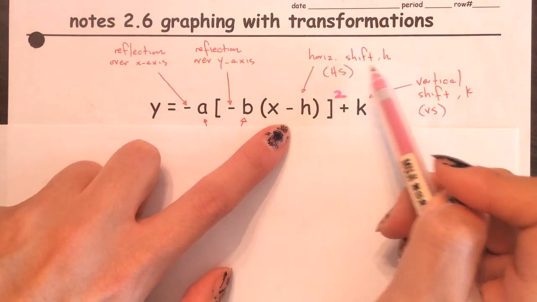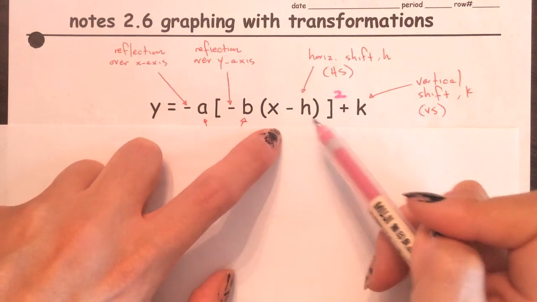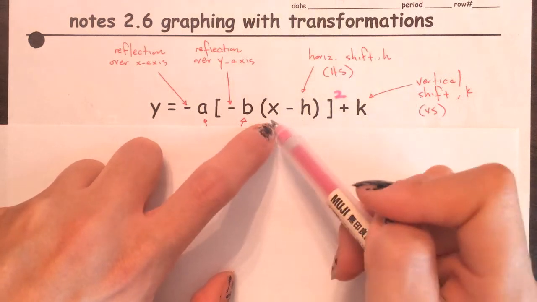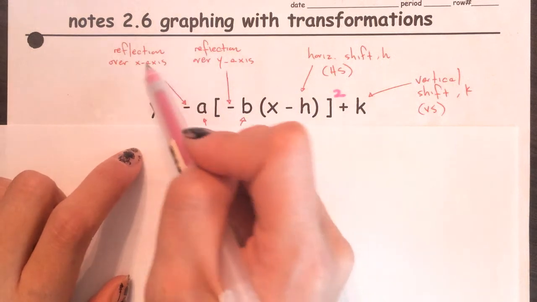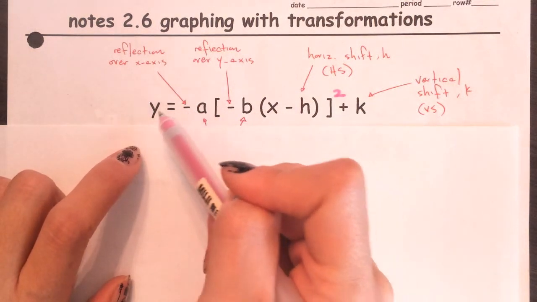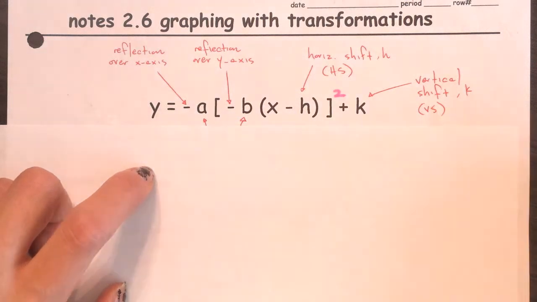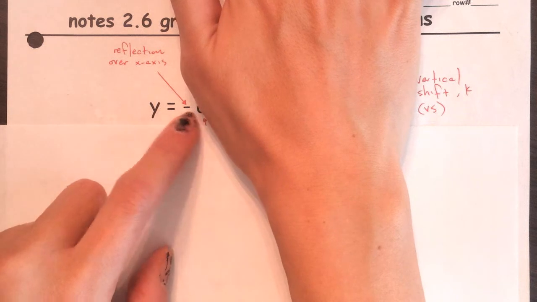This one especially first. This is a horizontal shift, h, right? So x minus h, x is a liar, remember? So really your shift is a positive h, but it's written here as a minus h. This first negative is a reflection over the x-axis. I want you to think about why that would be true. Let me cover all of this up, and you can see y equals negative.